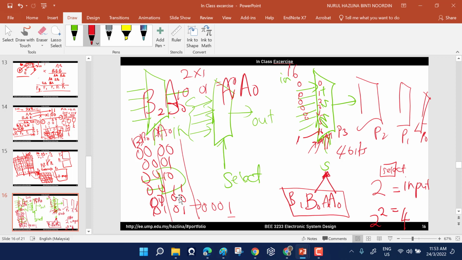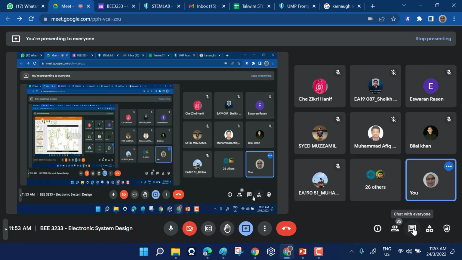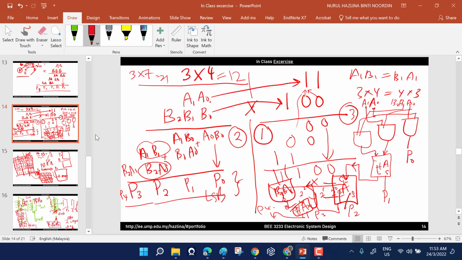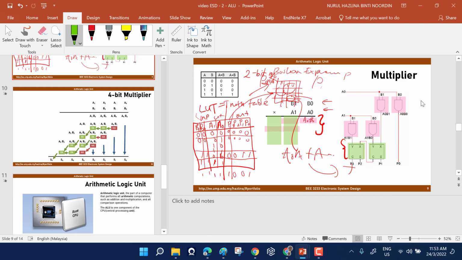I am not so sure whether I got you more confused or not. May I get a little feedback here? For implementation using gates, are you guys okay? Gates meaning the one just now. Implementation using this concept, are you guys okay? Okay, madam.